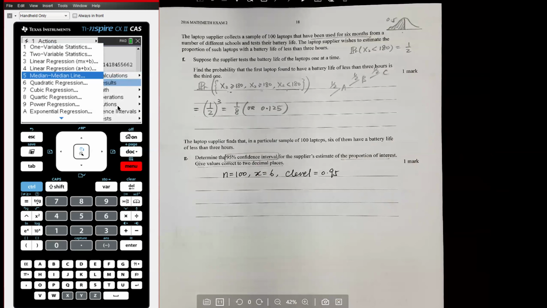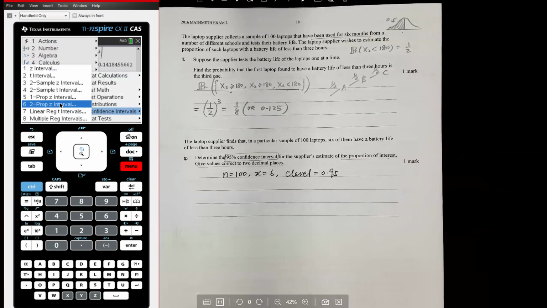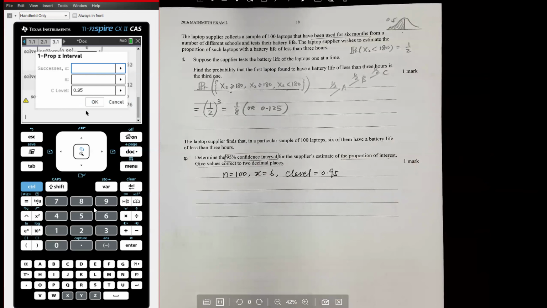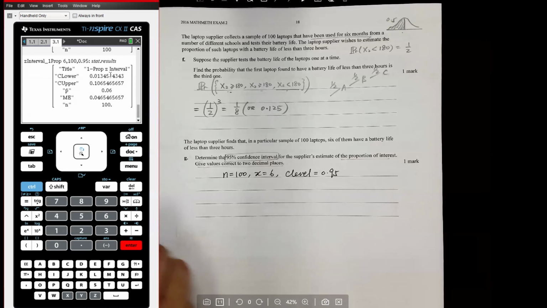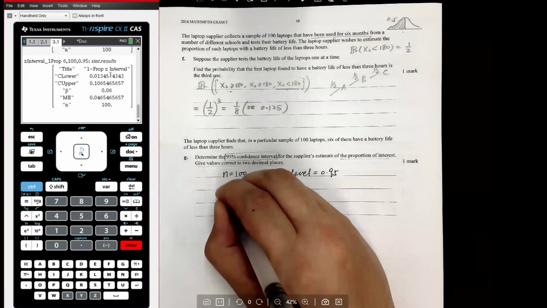This is the confidence interval for population proportion. So we say menu 6, 6, 5, and we just type 6, 100, press OK. Make sure you double check your confidence level. Sometimes the question says 0.98, sometimes 0.90 or 90%, sometimes 0.99. And we can just get the confidence interval.